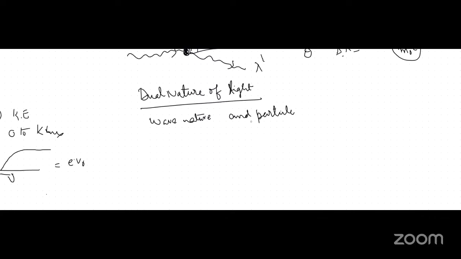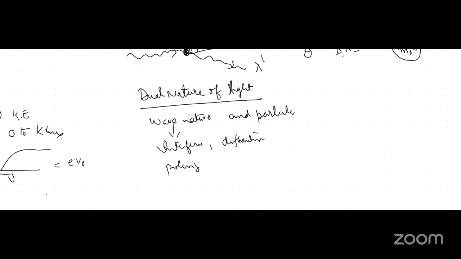Where do we observe the wave nature and the particle nature? The wave nature of light we have seen in experiments like interference, diffraction, as well as polarization.